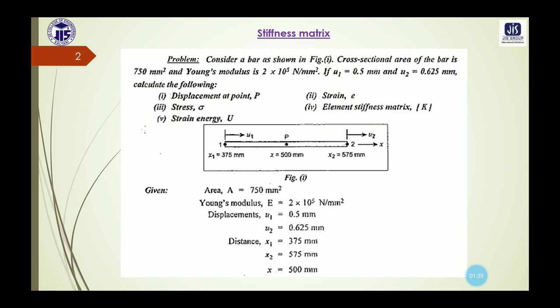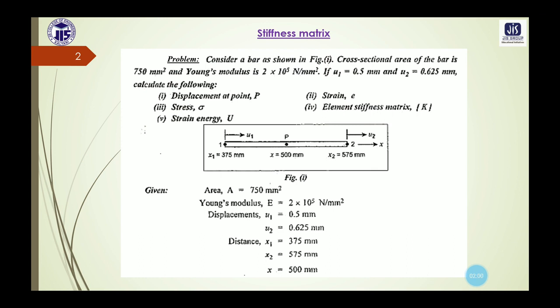If U1 is 0.5 millimeter and U2 is 0.625 millimeter, then we need to calculate 5 different things. Number 1 is the displacement at point P. Now in this diagram we can see that the point P is inside the bar element which is considered here.